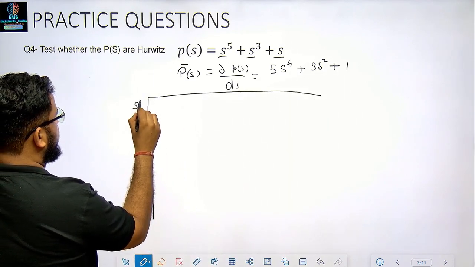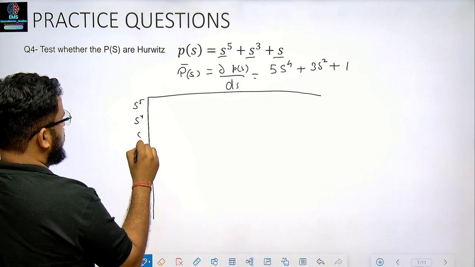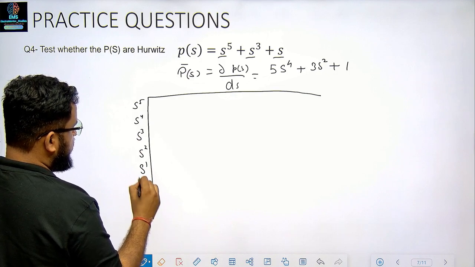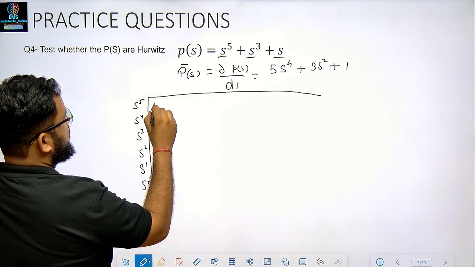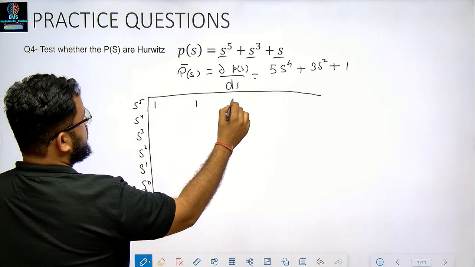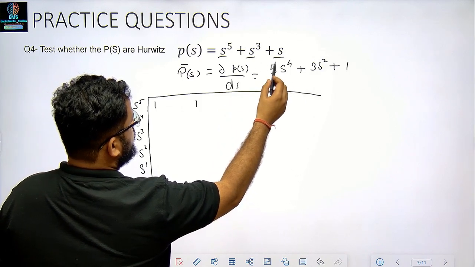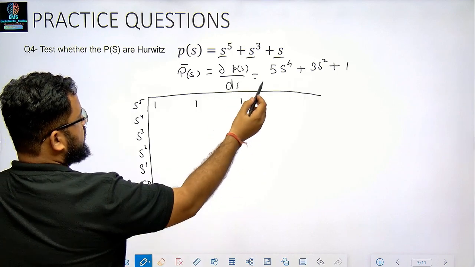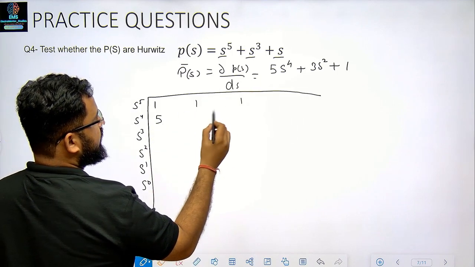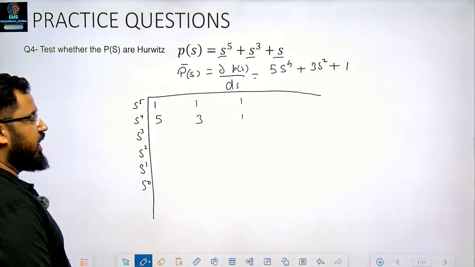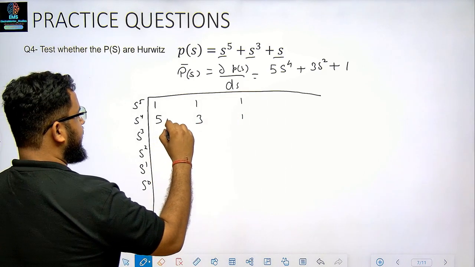So we have got S5, S4, S3, S2, S1, S0. So S5 it is 1, 1. For S is equals to 1, it is 1. Then we have got 5, 3, and 1. Okay, start calculating the Hurwitz polynomial again.